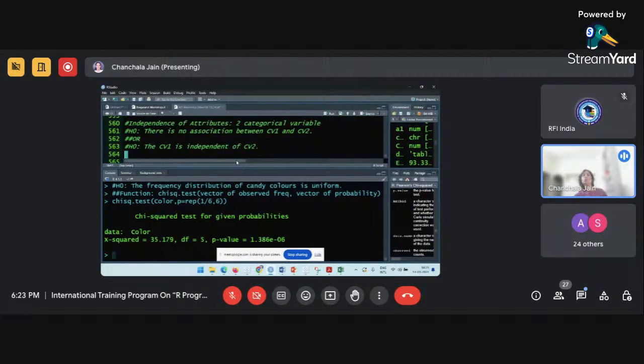So these are the two possibilities of formulating your null hypothesis in case of chi-square independence of attributes, or chi-square association. Independence of association also generally we can call the second chi-square test, right? So now, if suppose I want to check this thing, right?